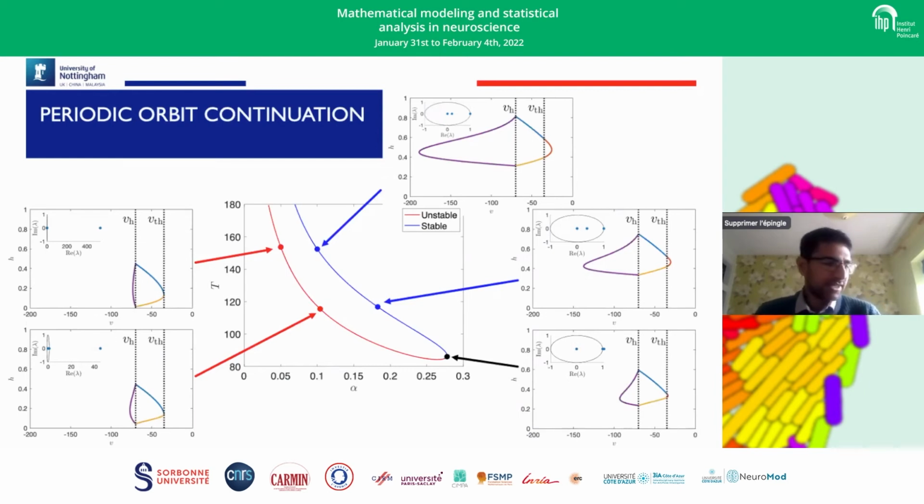And I realize I'm getting close to my 15 minutes, so I just want to conclude with a few remarks about periodic orbit continuation. Here what we've got is a continuation of the periodic orbit which we've studied. The upper branch is stable and the lower branch is stable, and they come together in a fold of cycles bifurcation, shown by the black dot here.